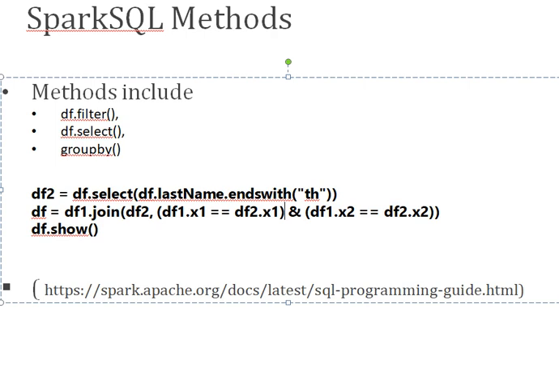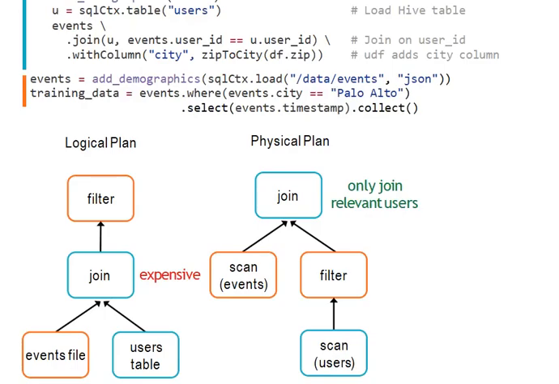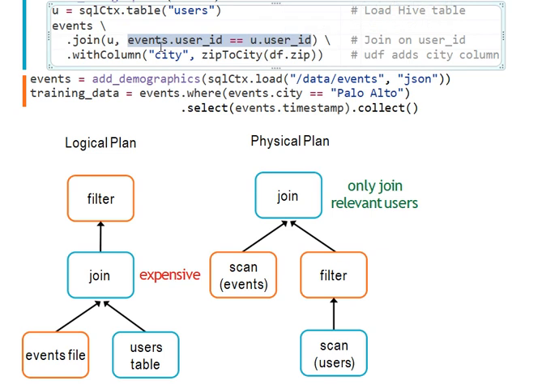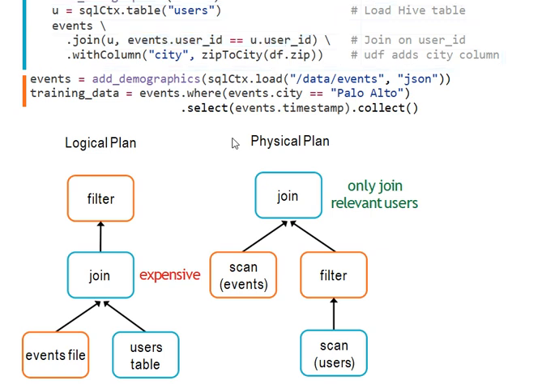We can also see an example from our previous code. For example, when we join two tables, this is the user table and this is the event table. We join on the condition that the event has a variable called username and the user has a username called user ID, only if they are equivalent to each other.